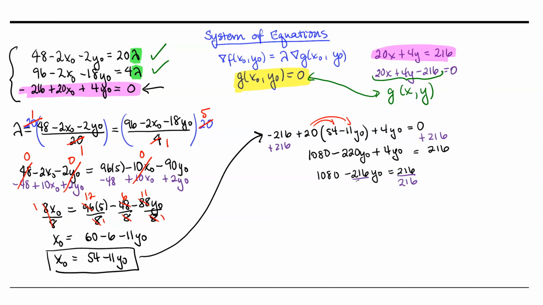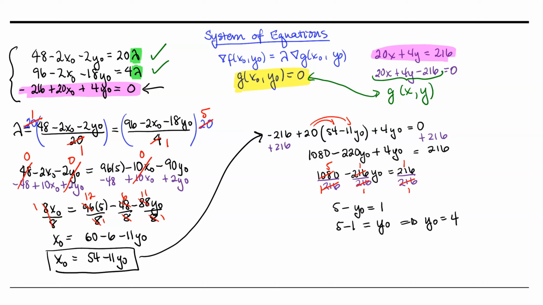So I can divide everything by 216. 216 into 1080 goes 5 times, and then 216 into itself goes once. So what we have is 5 minus y naught equals 1. So let's subtract 1 from both sides of the equation and add y naught to both sides, and we find out that y naught is equal to 4.